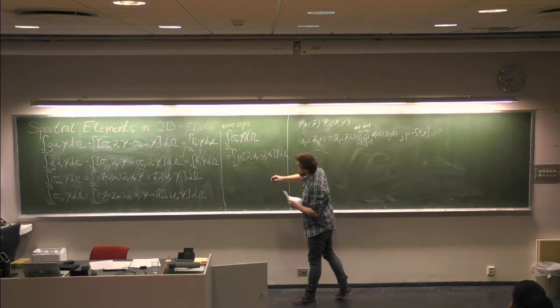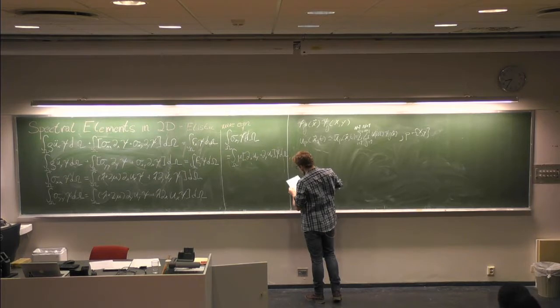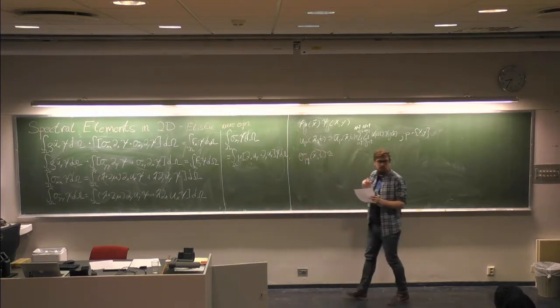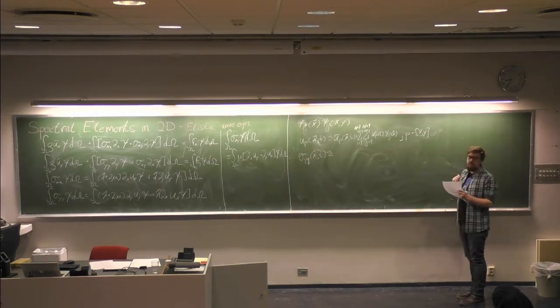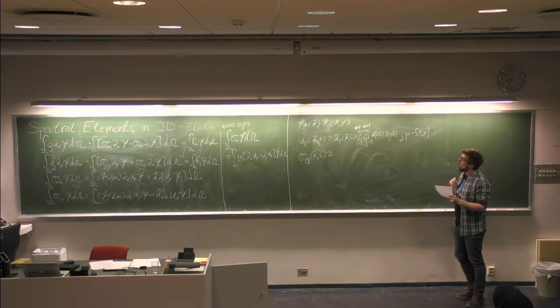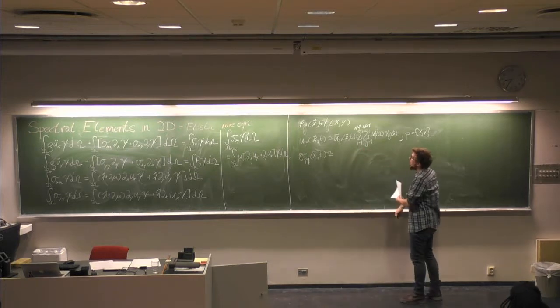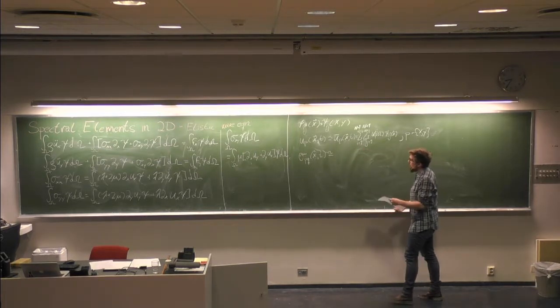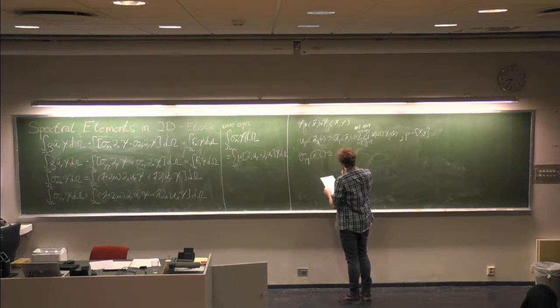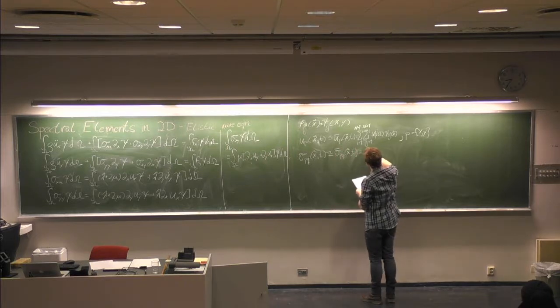And similar for the stresses, we have Galerkin projections for them as well. So P, Q. Oh, sorry. This should be an equal sign. Yep. P, Q. So I guess you get the idea now. Again, double sum.